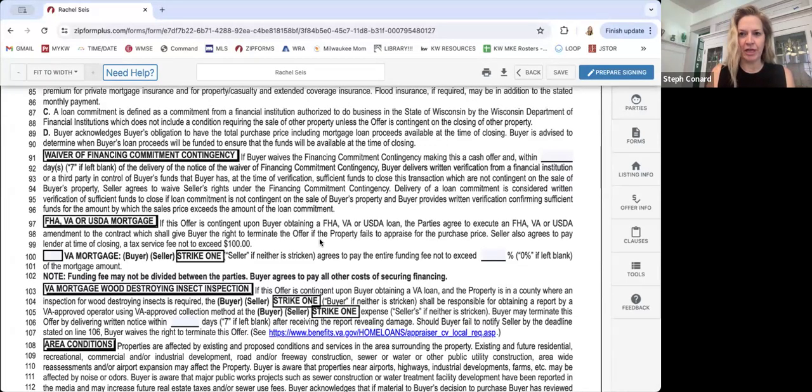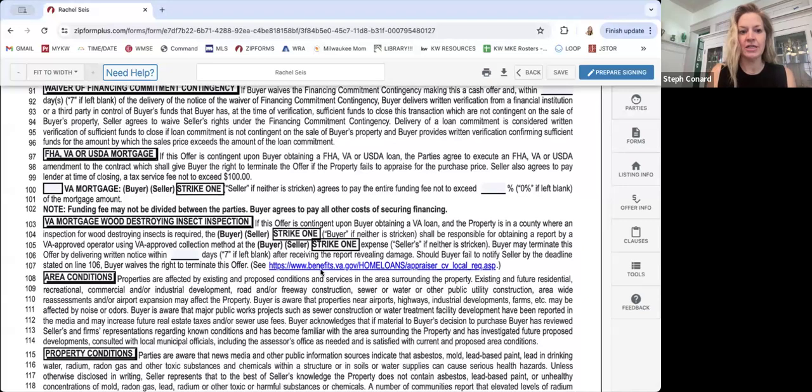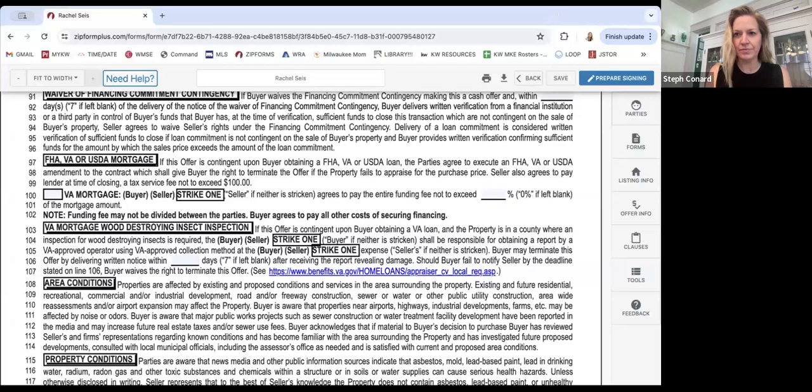But if it happens to apply to your transaction and this was not included, we could be in hot water with our buyer. This is mostly a protective piece for our buyers. So you're always going to be using this with your offers.